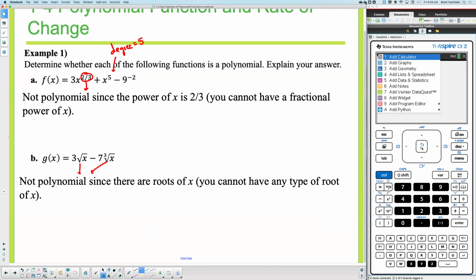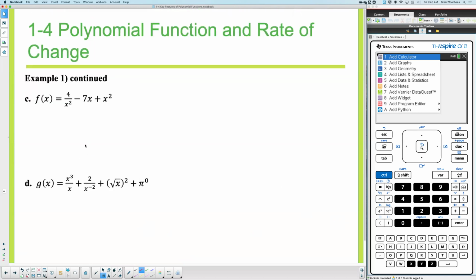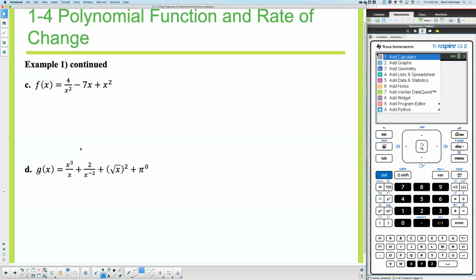Okay, now let's go look at C. Flip your packet. All right, on part C, what do you think? No, why not? It's dividing by x, not polynomial. By the way, I want you to know this. Dividing by x is the same thing as a negative power. So put an equal sign here, and you can rewrite this.